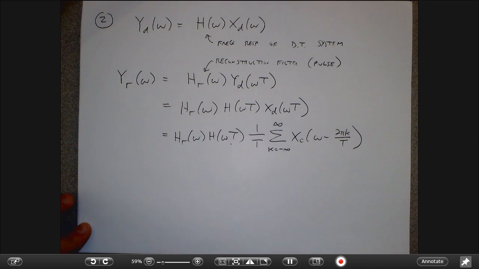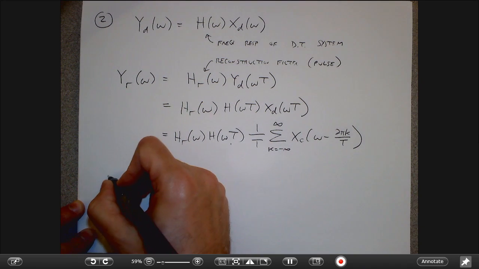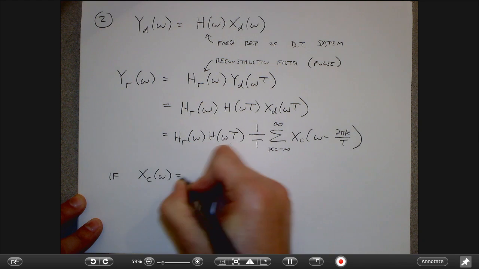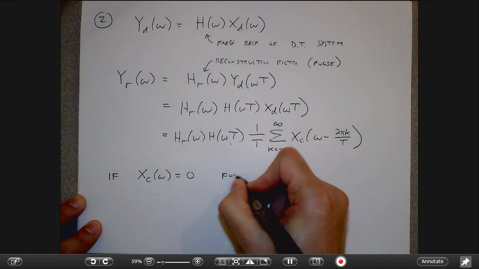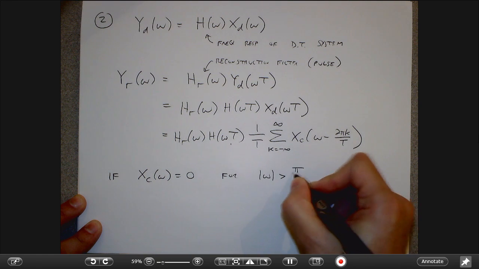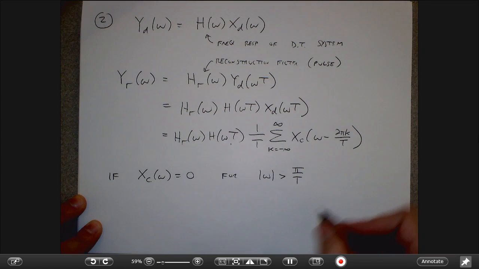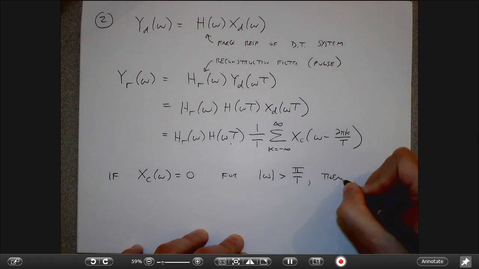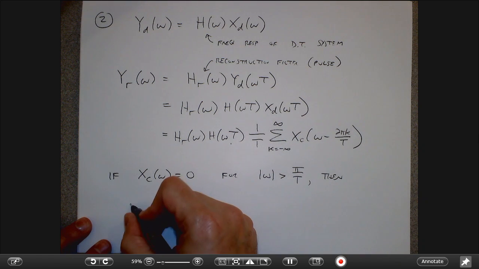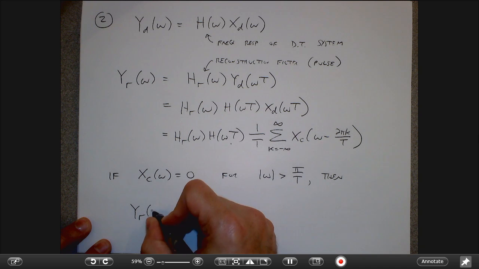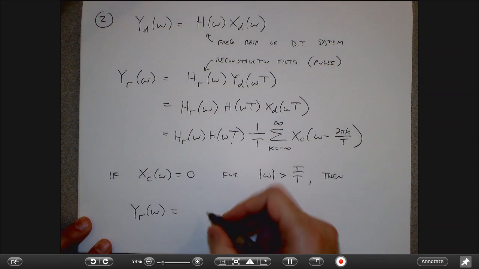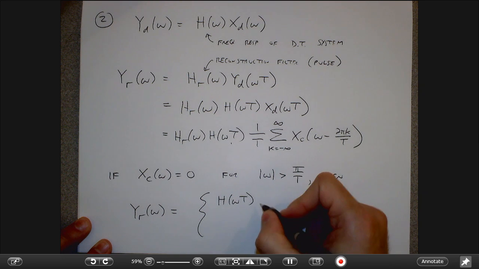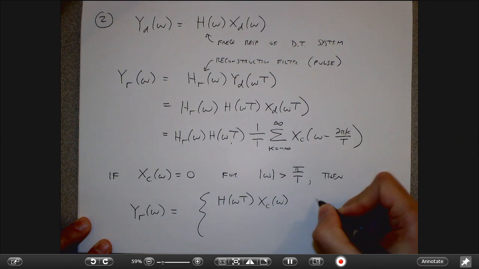And so now I'm going to put the assumption on it. It says if this continuous time guy is equal to 0 for omega outside of this region, so this is basically the band limit, then what's going to happen is that effectively my output frequency response is going to be equal to whatever this discrete time filter was doing inside the band limit.